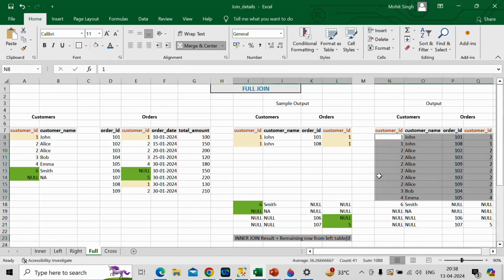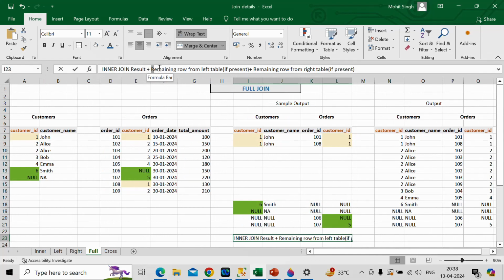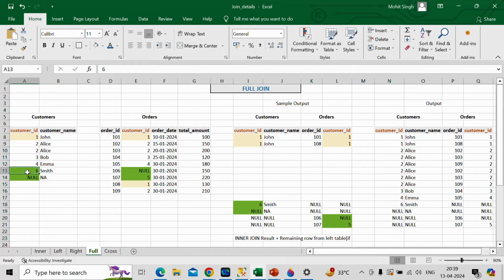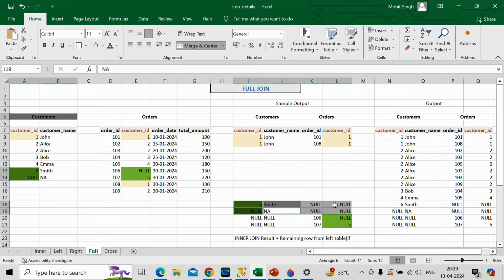These records we will get for inner join. Now for the remaining rows of the left table, we'll check the remaining values from the left table, which is the customers table. Okay, and that we have already understood in left join. So this 6 and null are the remaining values from the left table, and that is what we have shown here in the output. And corresponding to that, we can get this row in the output.